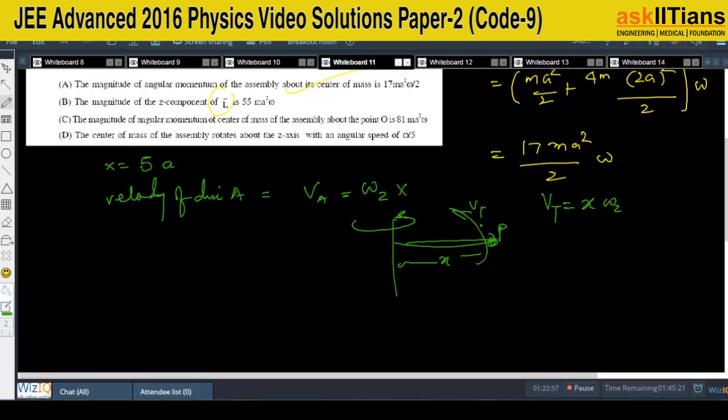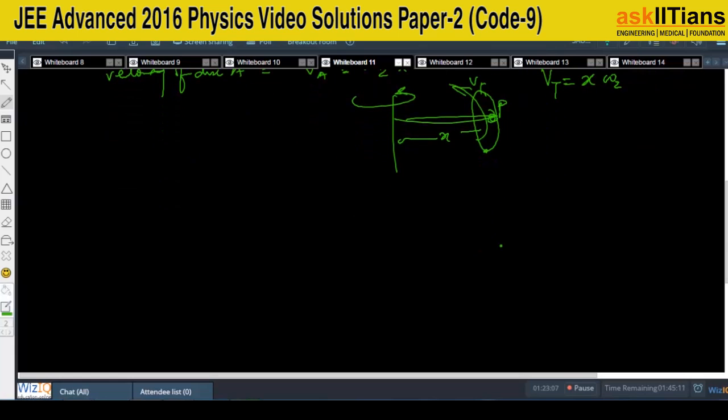But there is rolling also, so when there is rolling, the velocity of the point of contact is 0 with respect to the ground. The disk performs pure rolling. So in pure rolling, the velocity of the point with respect to the ground is considered to be 0, and that is equal to velocity of A minus its velocity of center of mass.